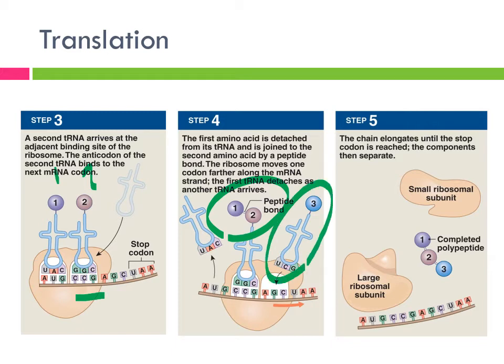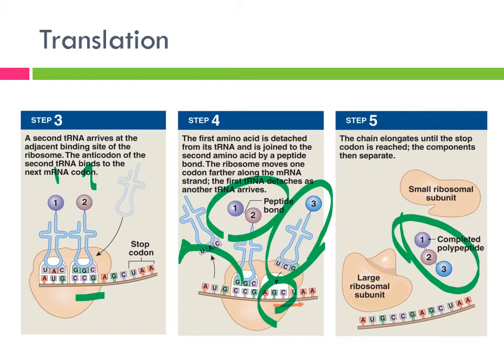So now we have a third transfer RNA with the anticodon that is complementary to the third codon on our messenger RNA strand. So the third tRNA is going to come and bind. The ribosome is going to move down, and the second tRNA is going to leave, and we're going to then bind all three of those amino acids together.